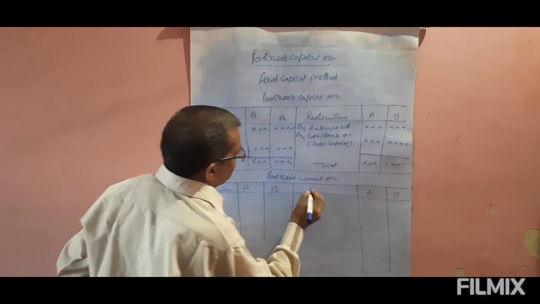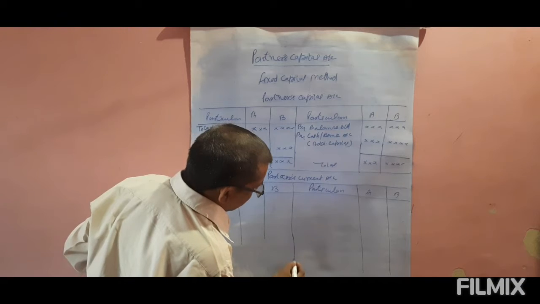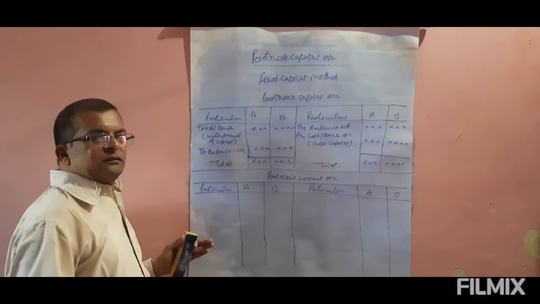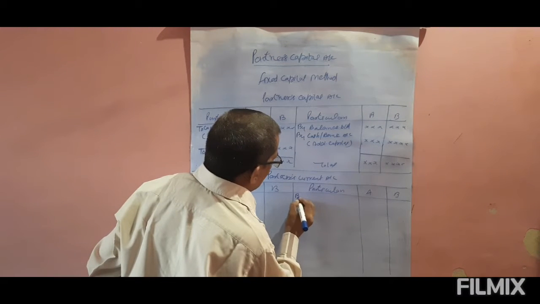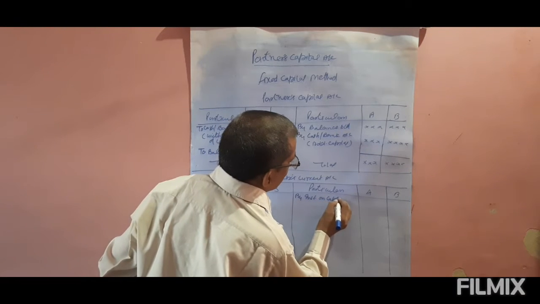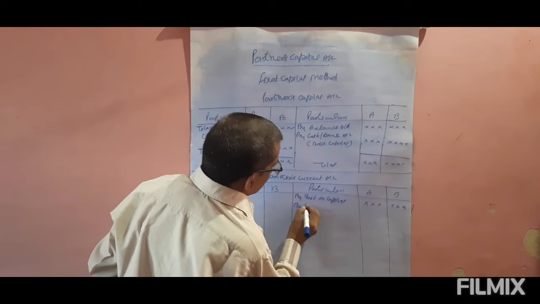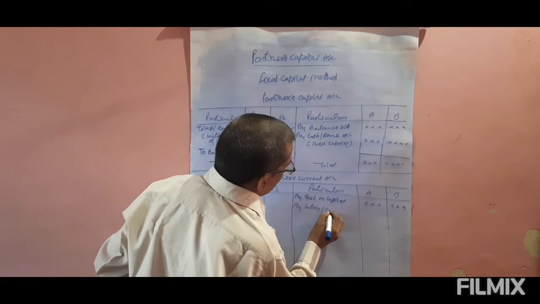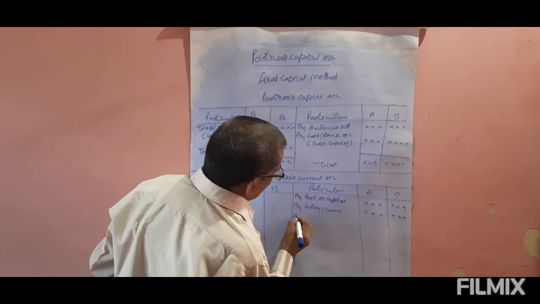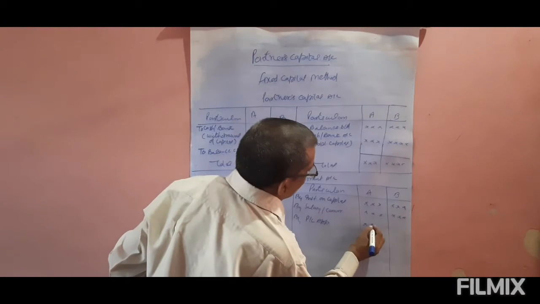First we make all the adjustment entries here: by interest on capital, posted here; by salary or commission, posted here, if any; by profit and loss appropriation account here.